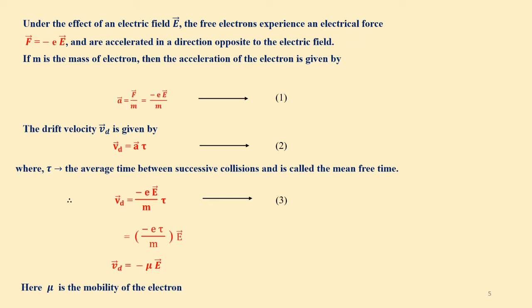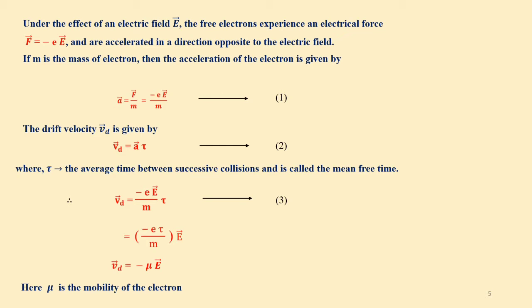Now after the second equation, V drift is equal to -eEτ by m. This is equation 3. So once again I am grouping the terms by taking the electric field vector separately. So V drift is now equal to -eτ by m into the electric field vector E, or this bracketed quantity -eτ by m can be replaced by another term, namely mu.